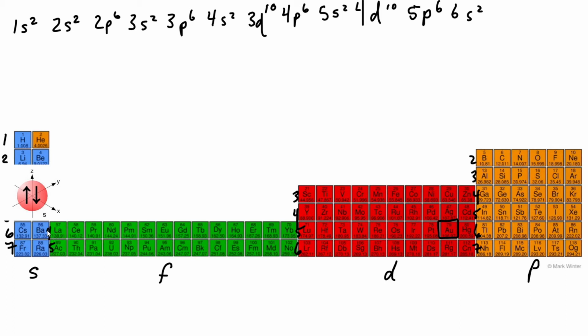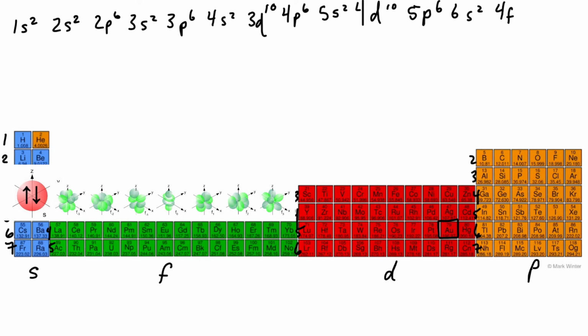So they start at 4f. We can't have anything smaller than 4f, so we're starting at 4f. And there are 7 f orbitals, so that means there are 14 f electrons, or f block electrons, on our way up towards gold. So that's going to be filled at 14. And now finally we're in the block, in the row that holds gold, so now we have to really count them up in this 5d electrons.